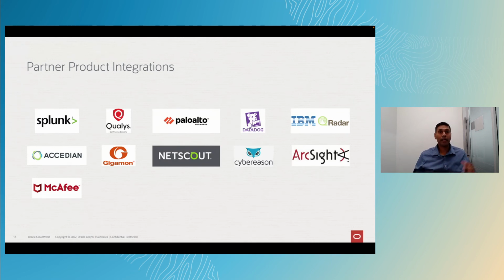Some of our customers have used functions, for example Oracle Functions, and ingested the traffic telemetry from OCI Logging into these functions, done their own conversion into a format, and then ingested it into their own set of third-party tools. That is also a very common use case.